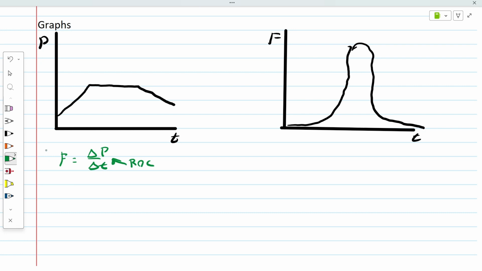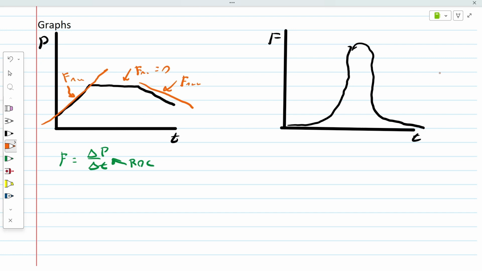If we wanted to find the force given these two variables, we could find it by just using the slope here. So whatever the slope is, that would be F net. Like right here, F net would equal 0. And right here it would be whatever the slope of this line is. So that's how you could use the momentum and time to find the net force.